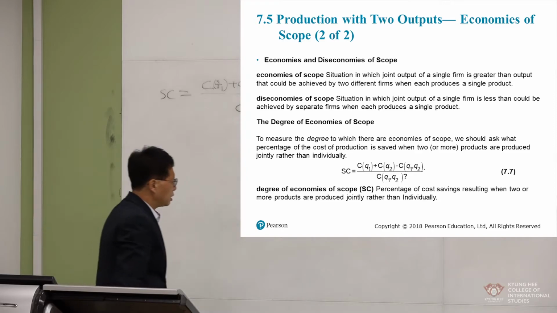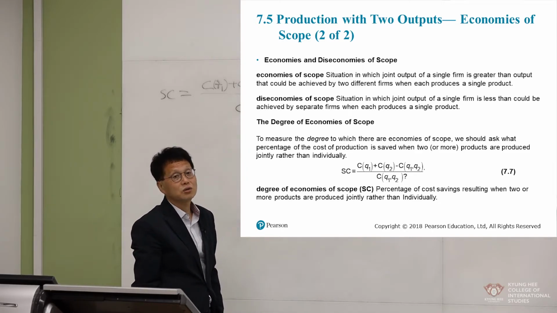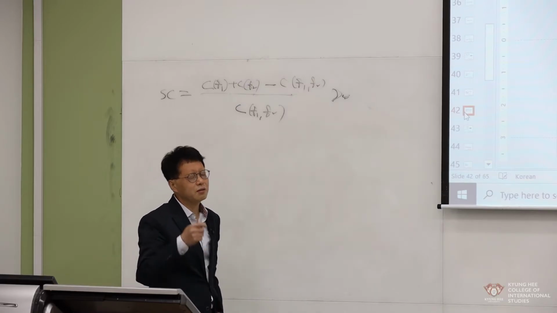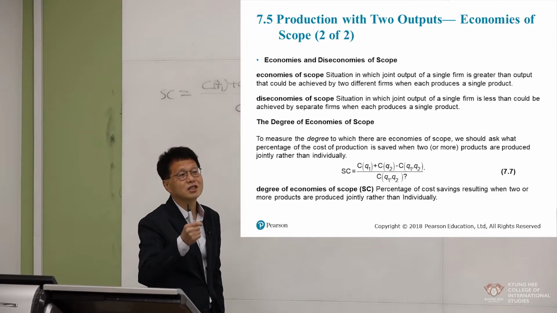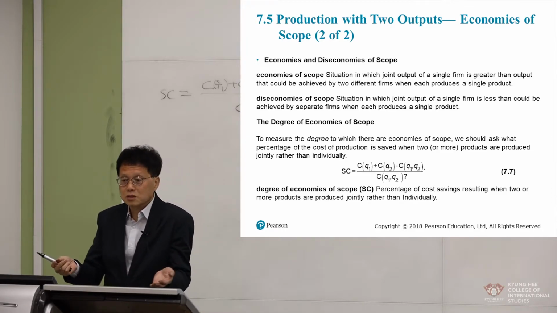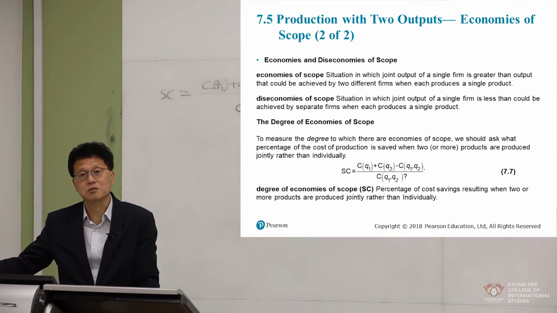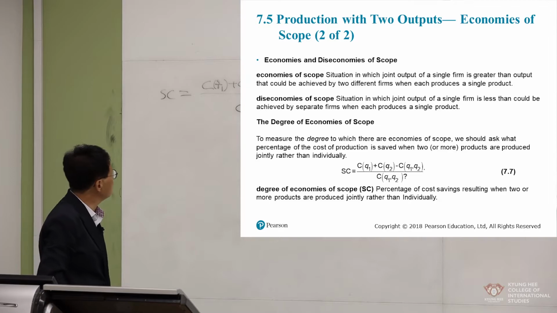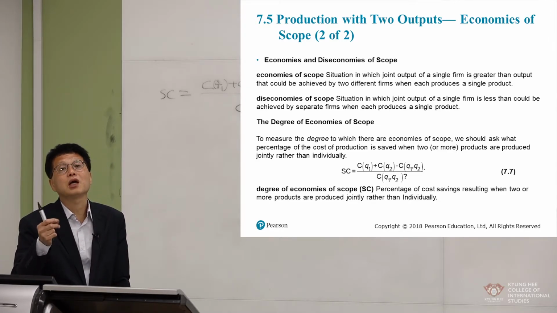So I emphasize the importance of economies of scale. Economies of scope is also very important when we study long-term economic growth, right? Economic growth means more production happens, more consumption happens, right? Why does that happen? Number one, I said technological change. One specific form of technological change in the long run is economies of scale.